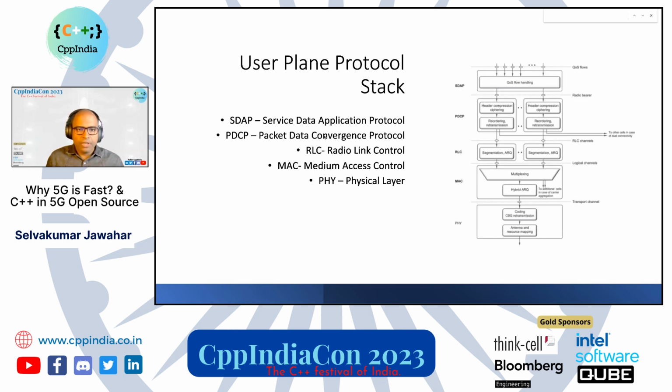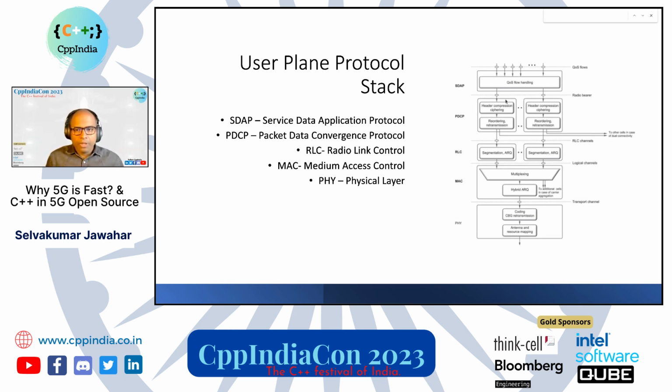SDAP is the Service Data Adaptation Protocol layer. What this does in the gNB is it has information of the RF channels, or what are called radio bearers. In a cell there are different radio bearers with different characteristics which can be configured. As I said, if you want something low latency, you have a prefixed channel assigned to it. So that radio bearer will do the low latency stuff.